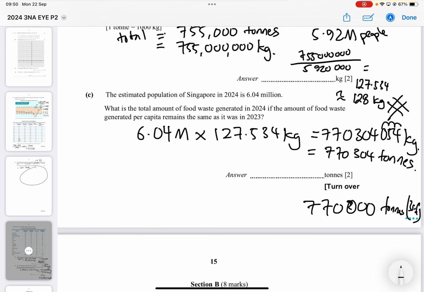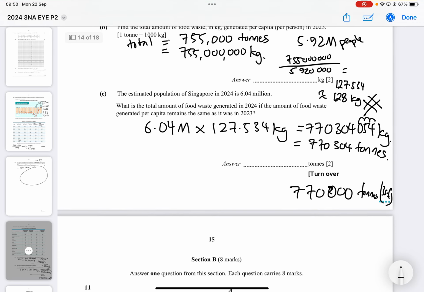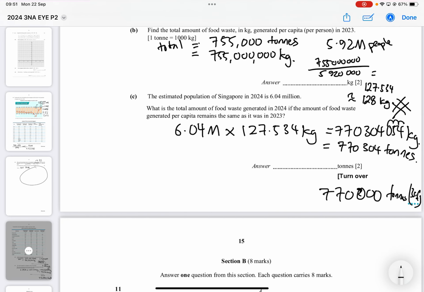Okay? You can see if you understand what they are asking, it is all simple calculation. Multiply, divide. So the difficult part is reading and understanding. Okay?